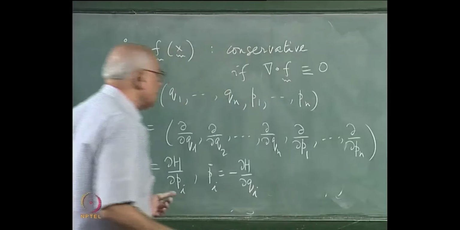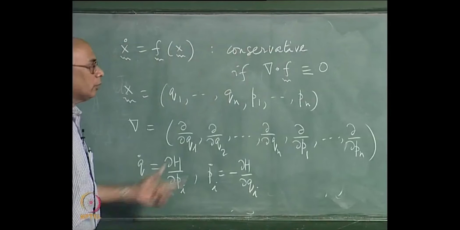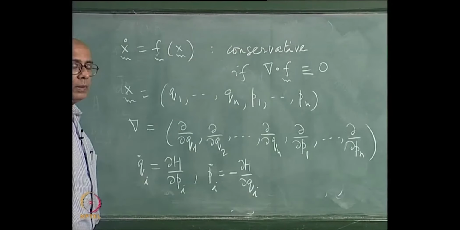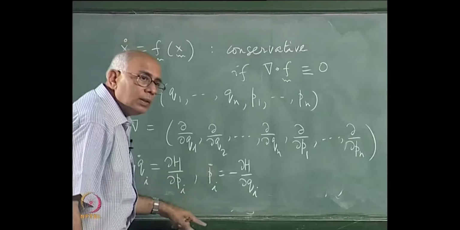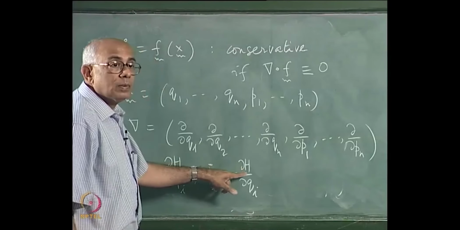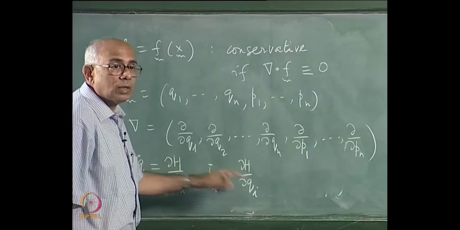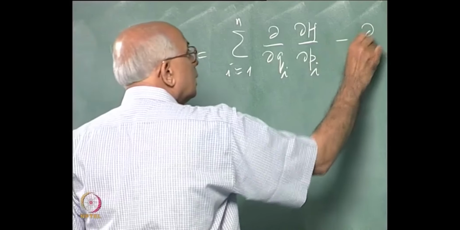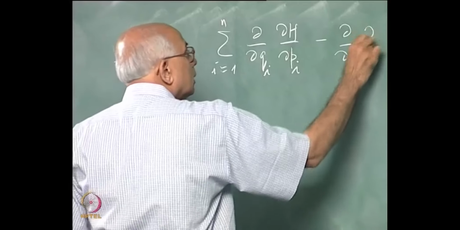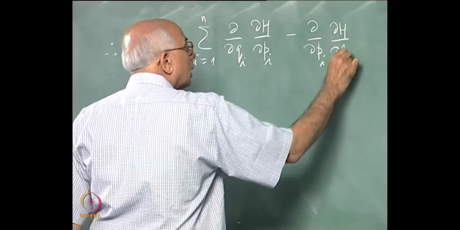That takes care of the first n contributions to del dot F, and the remaining n are delta over delta p1 times minus delta H over delta q1 and so on. So you also have minus delta over delta pi delta H over delta qi.